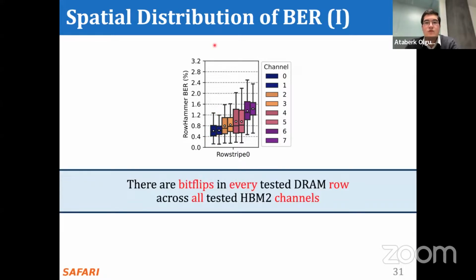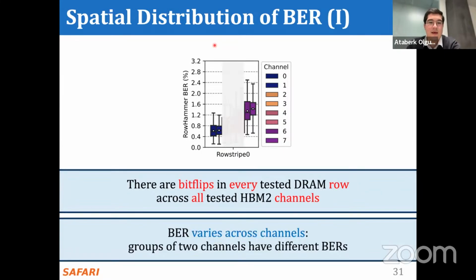Okay, so we make 2 observations from this figure. The first one is we observe bit flips in every tested DRAM row in all tested channels. And the second one is the bit error rate varies across channels. So you find that groups of 2 channels have different bit error rates compared to other groups, that I show you here, for example.